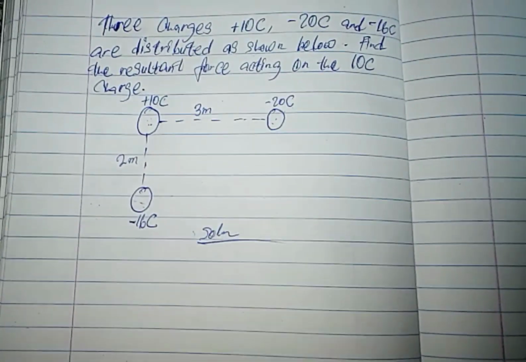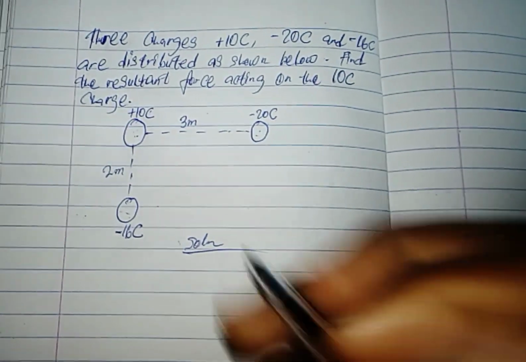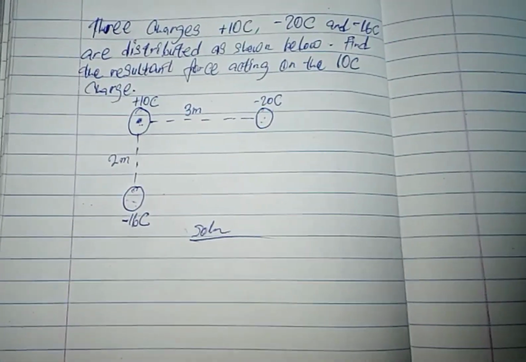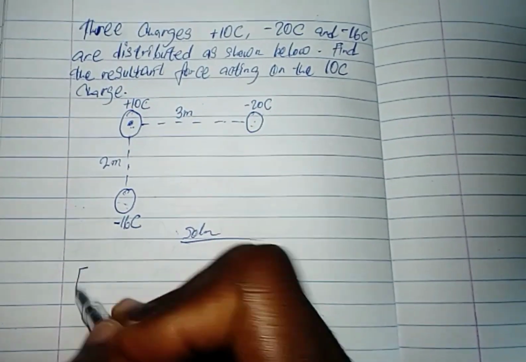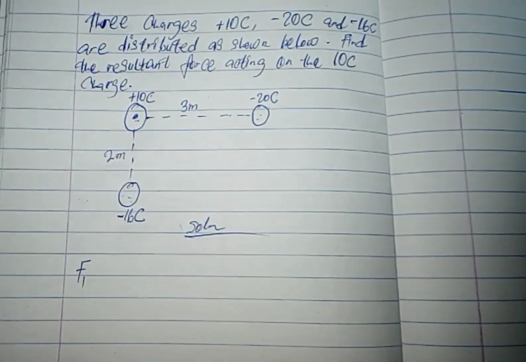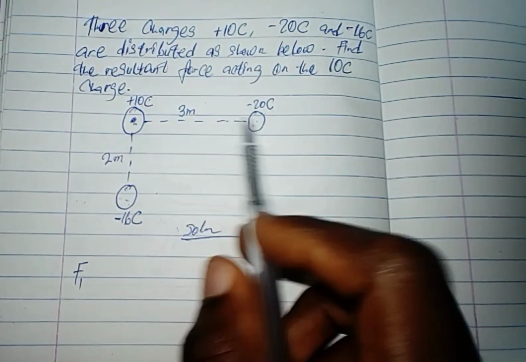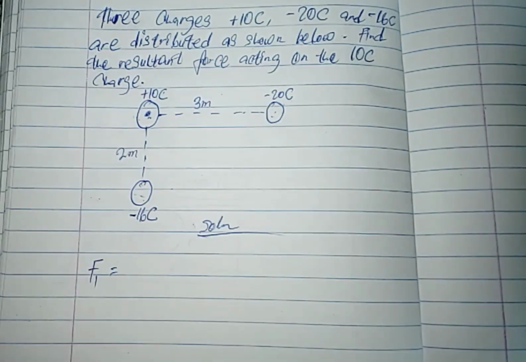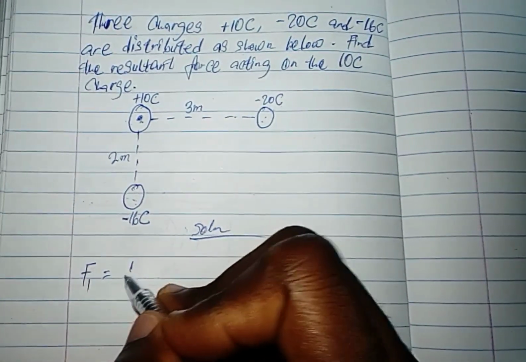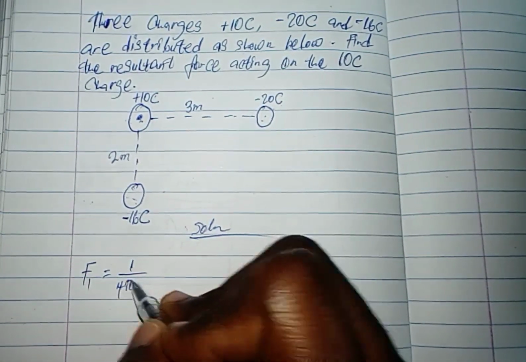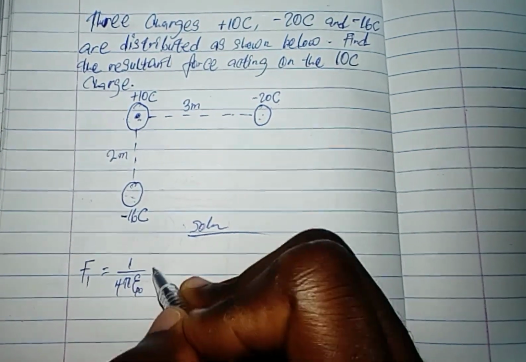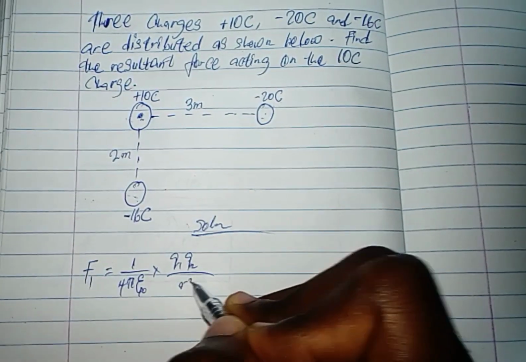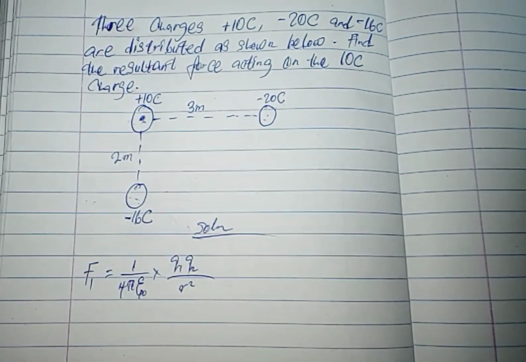Our point of concentration is this 10 coulomb charge. So how can we find the force? Let's say force one, we should find the force between these two charges. The formula says 1 over 4 pi E naught times Q1 Q2 over R square.